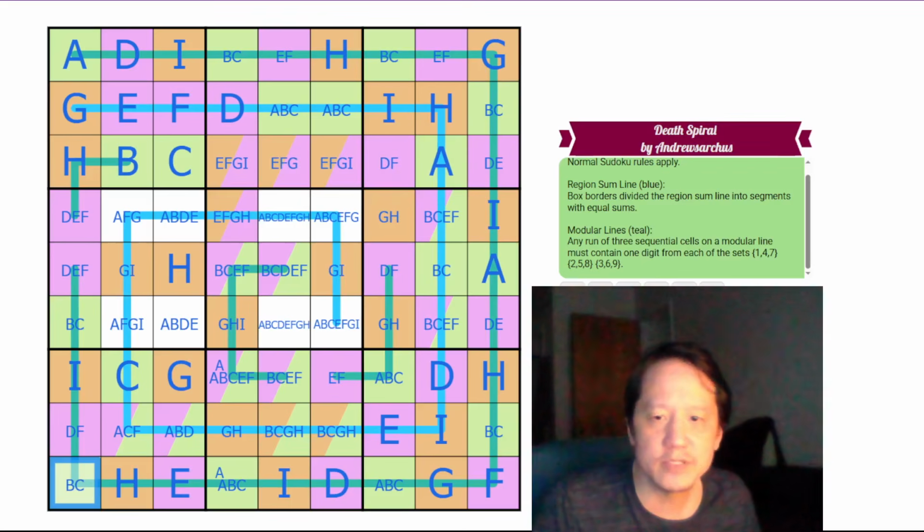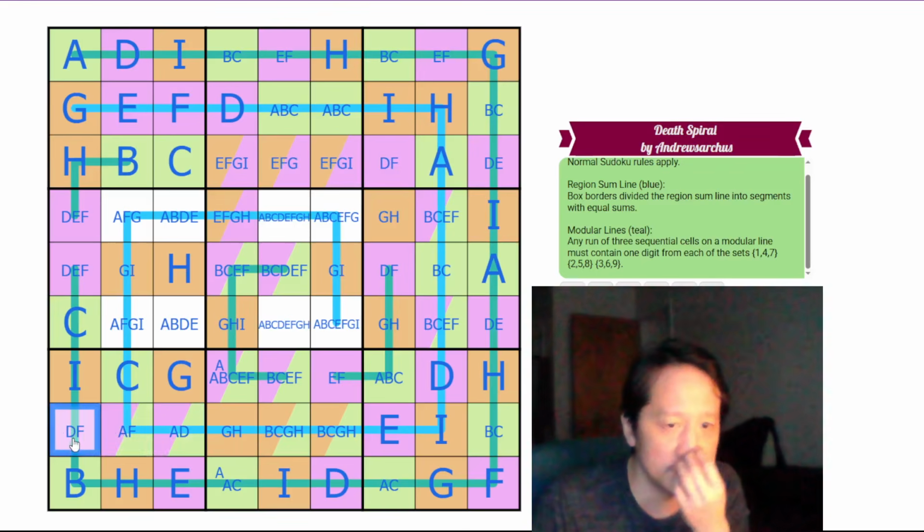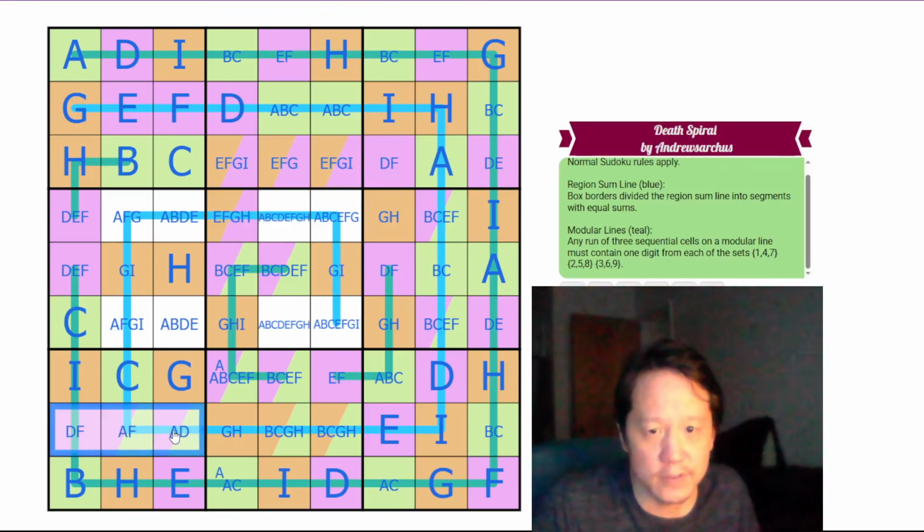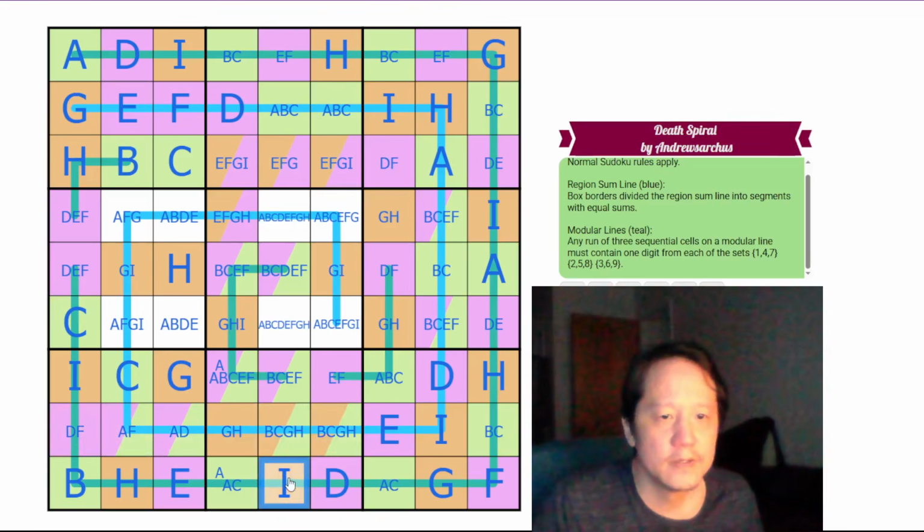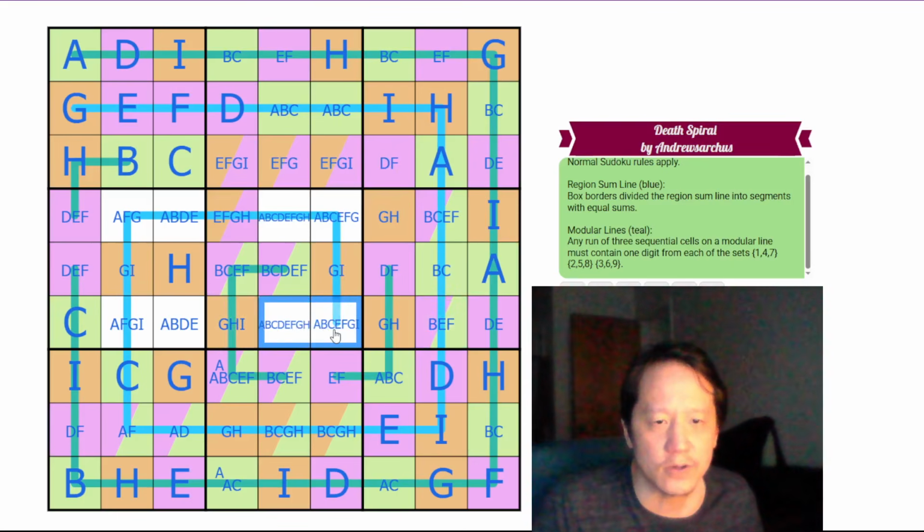So this can't be C. This is B, which makes that C. This can't be B then. So B cannot be either of these. This is AC as a pair. This cannot be C. We have D, A, and F as a triplet here. Well, that's fine. C eliminates C from being here or here.